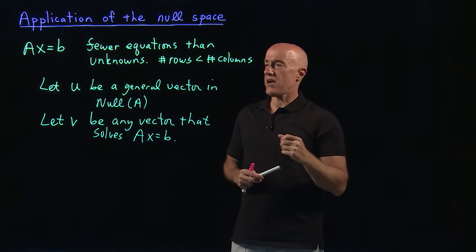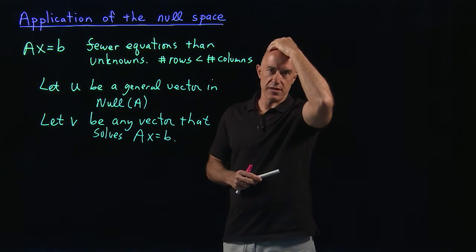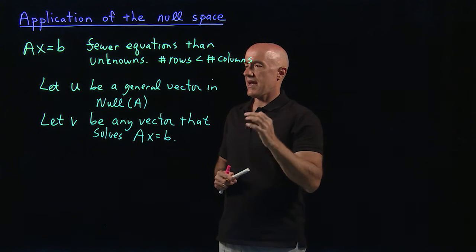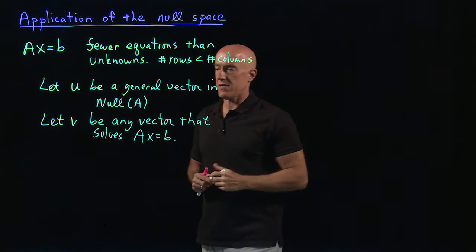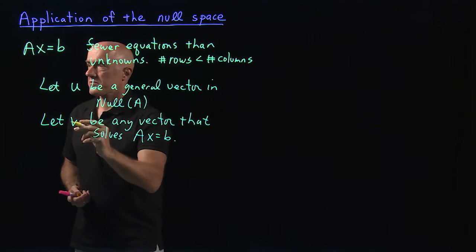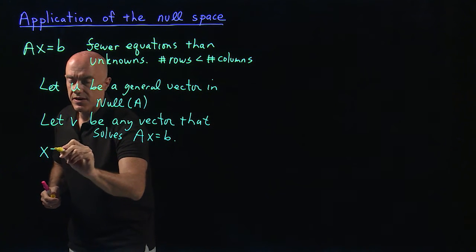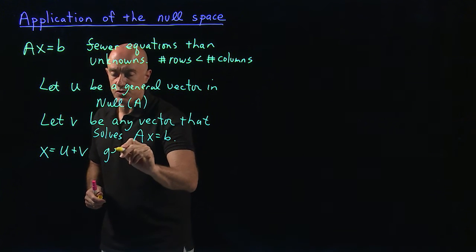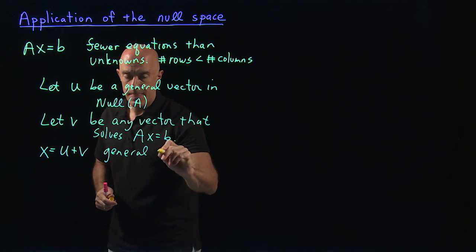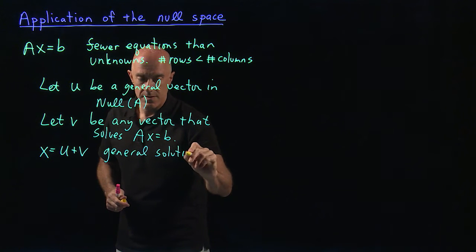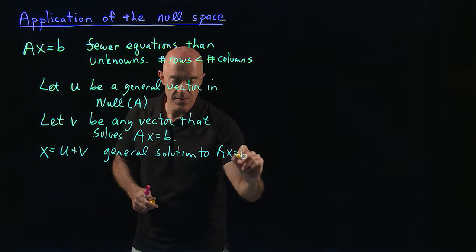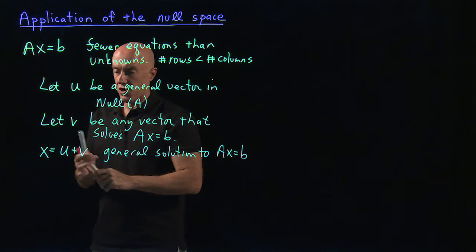And the trick here is that the general solution to the equation Ax equals b will be a sum of u and v. So x equals u plus v will be the general solution to Ax equals b. I can show you that.